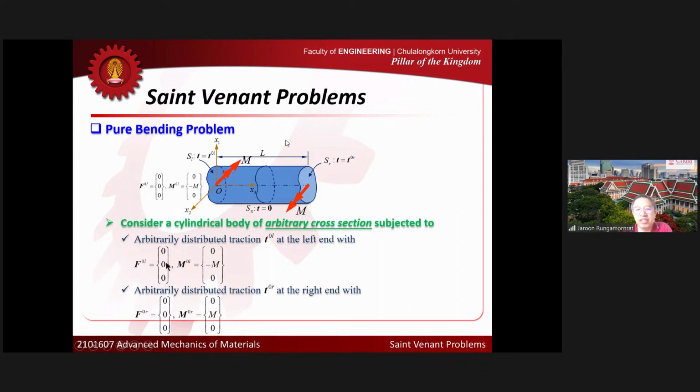If the net force and the net moment don't change, okay? If both of them here still remain the same, now I can say that the solution in the interior zone is almost the same. Okay. So then if I am interested in the solution in the interior zone, I don't care about the traction here and there.